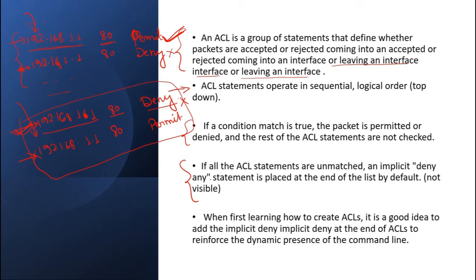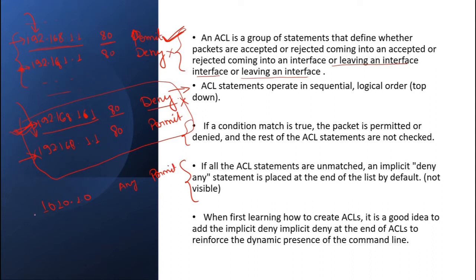not visible. So whenever you configure any access control list, let's suppose we take the 10.10.1.0 network, the complete network, for any port number, not a specific port, and we just say permit, right?